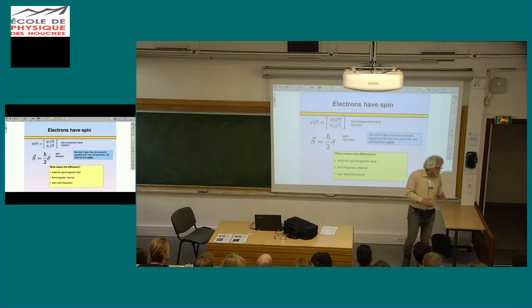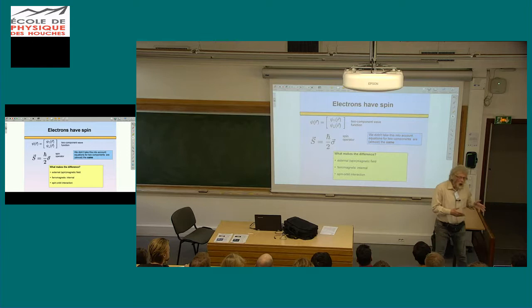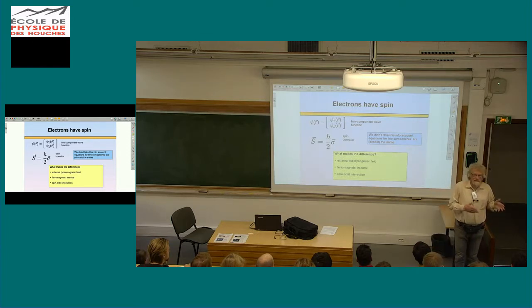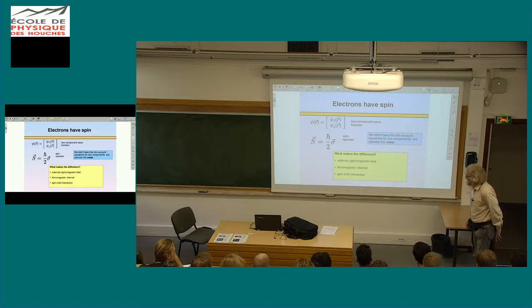Another way is to use ferromagnets as contacts, as electrodes of the nanostructure. In a ferromagnet, electrons with different spins have different velocities, different densities of states, they are very different. That's the way to make spin play a role.